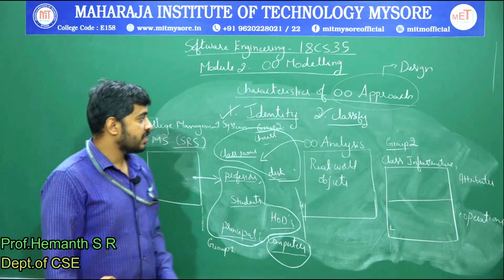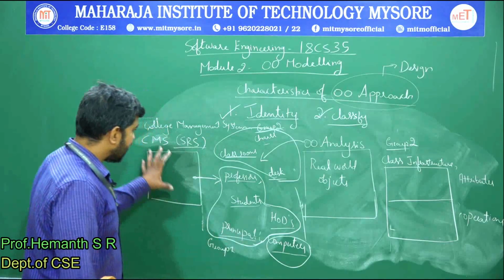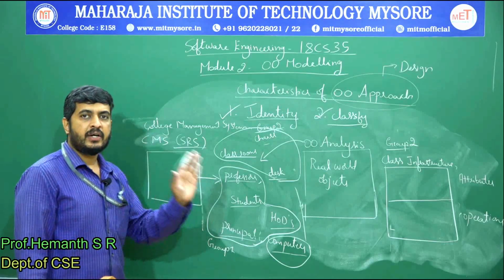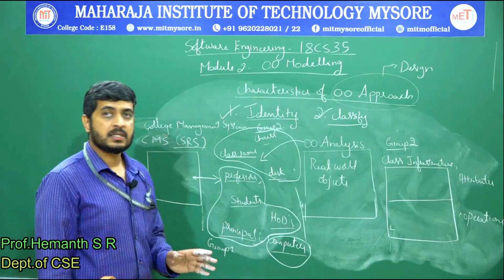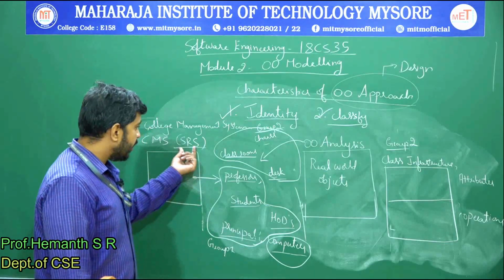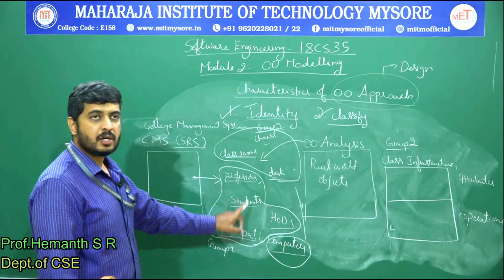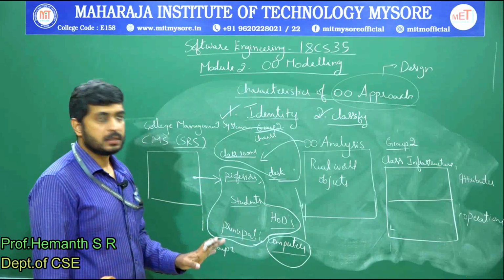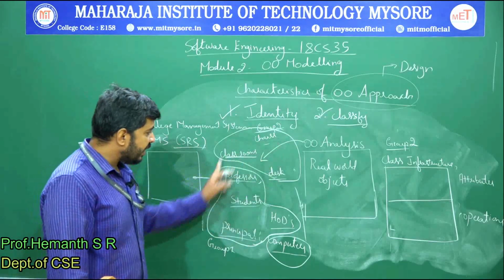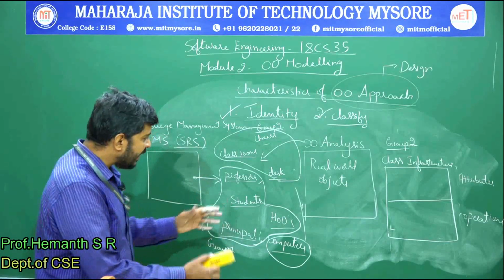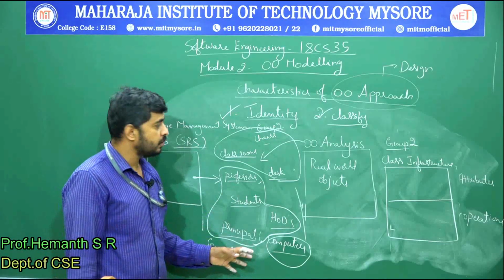So the bottom line here is, once we are done with the SRS and we enter into the design, the first major aspect is to try to identify the real world entities or objects from the SRS. That is the first stage. Once you identify the entities, group the entities which are similar to each other.